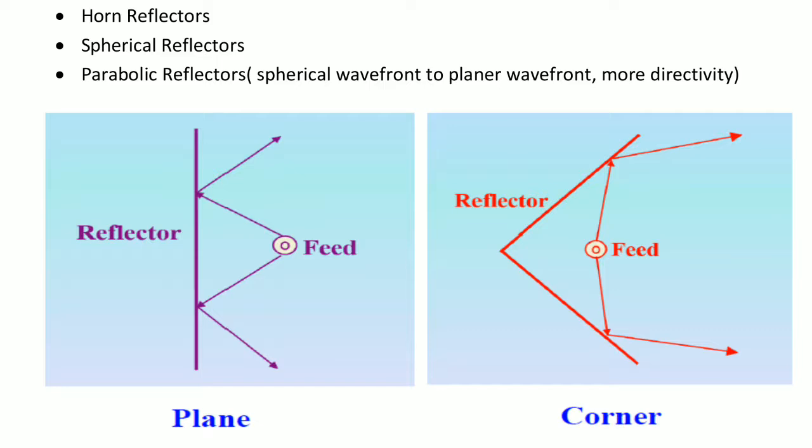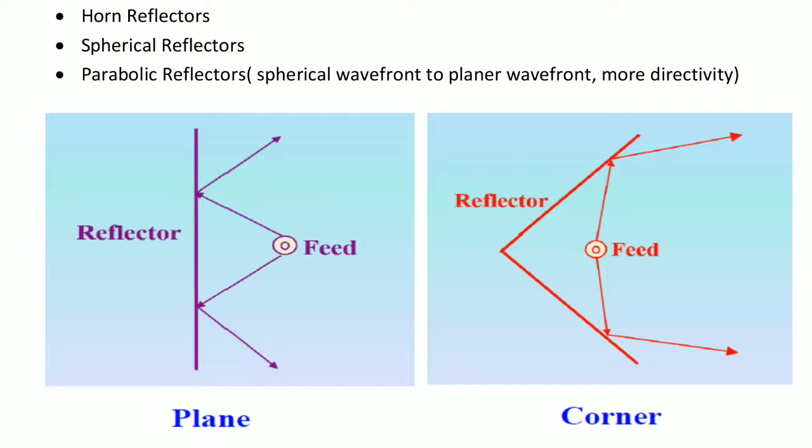So we will quickly move. I will tell you some salient features of corner reflectors. Please remember these features. It is simple to construct. Only two reflectors are required. By adjusting the angle between them, that is the included angle, and the position of the feed point or the feed antenna, we can construct these reflectors.